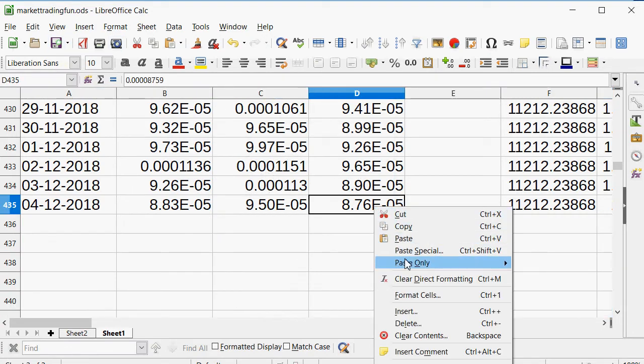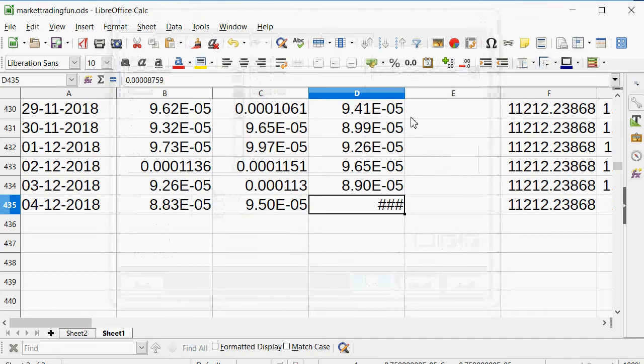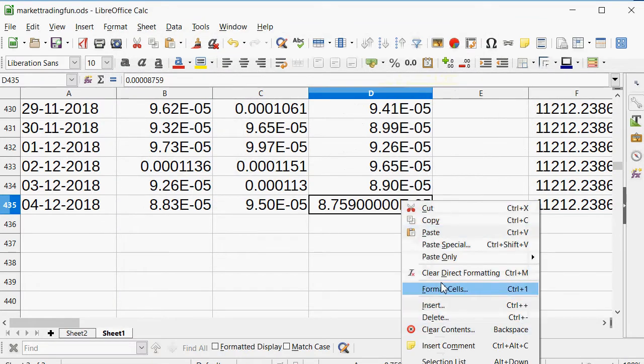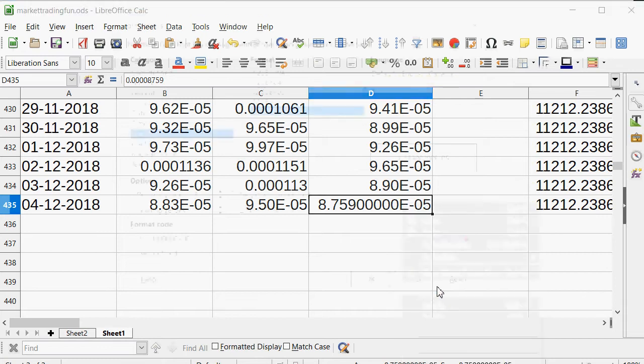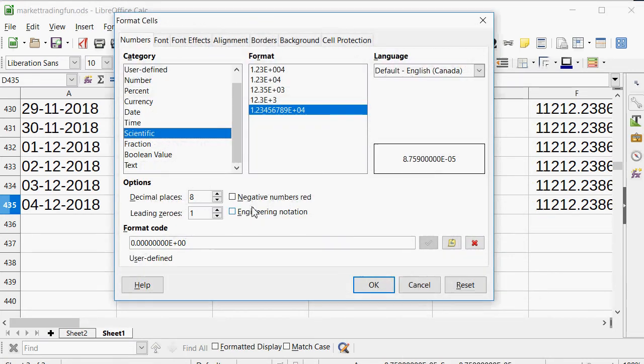Okay, so looks like that's 8,700. Eight decimals.